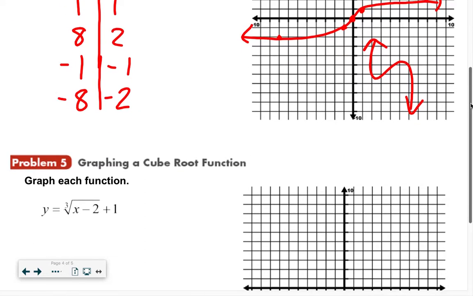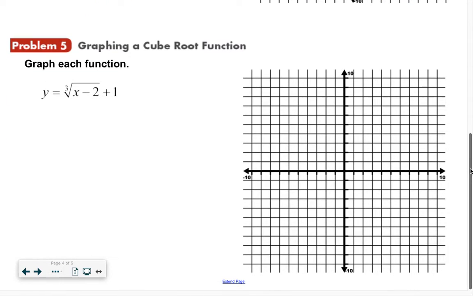Let's throw some numbers in there. If I have the cube root of x minus 2 plus 1, what is the minus 2 doing? Right 2. What's the plus 1 doing? Up 1. Before we had 0, 0, where am I moving 0, 0? Right 2, up 1.